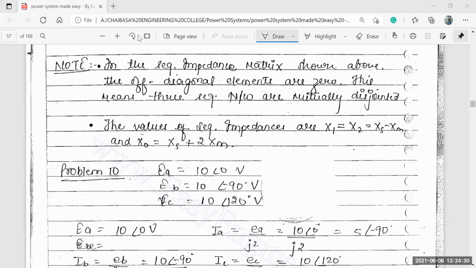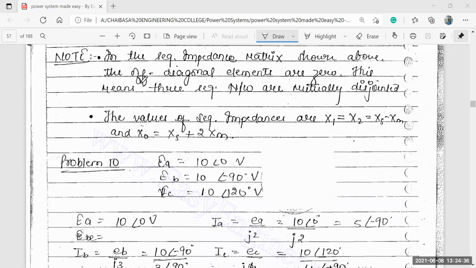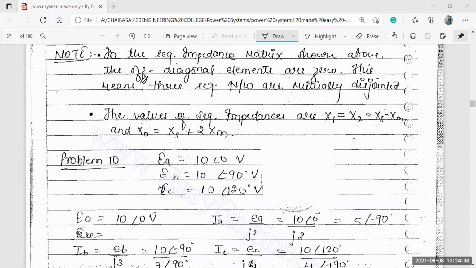Okay, we'll proceed with you all only. So in this power system, we were talking about faults.